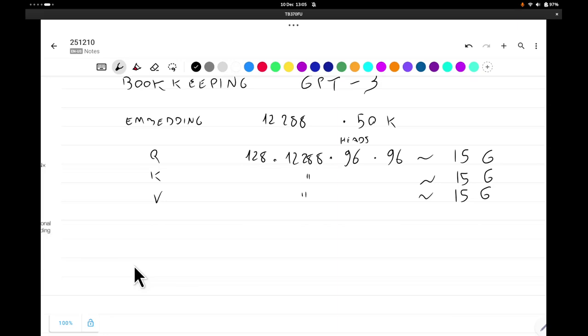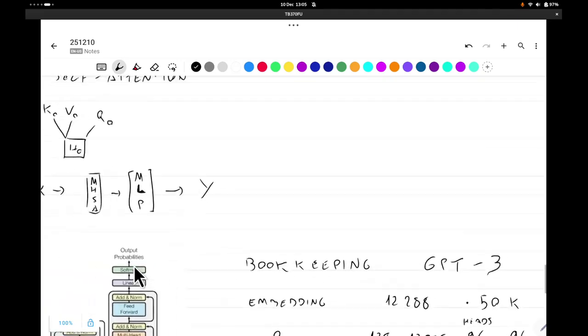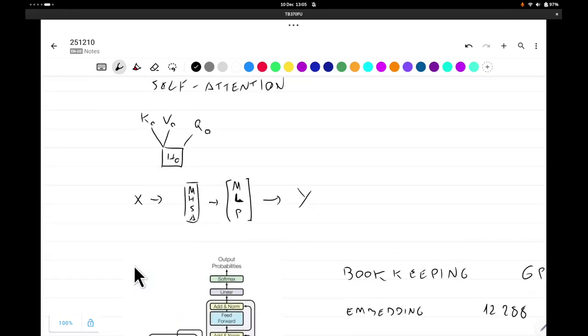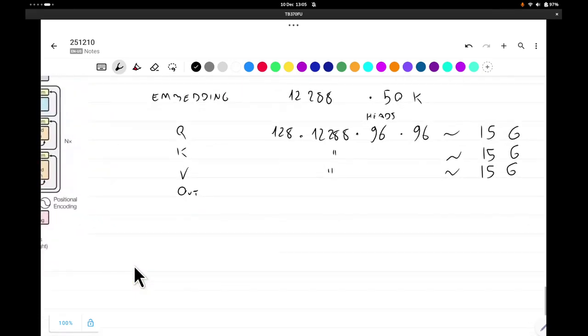Okay, I'm missing one. There is an output to this attention mechanism before we get the actual Y. And this is also the same dimensionality, so there are another 15 billion.